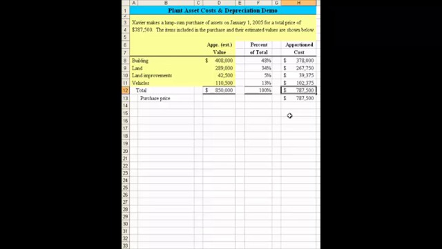Now let's make the journal entry. Rather than me keying the debits and credits, I've prepared it off the page, and I'll just slide that over so you can see it.